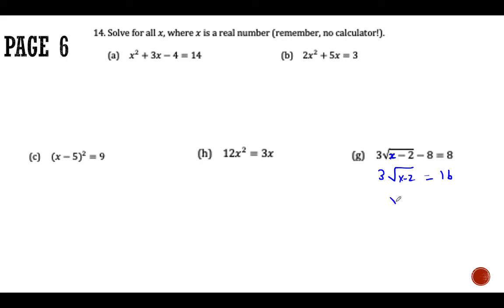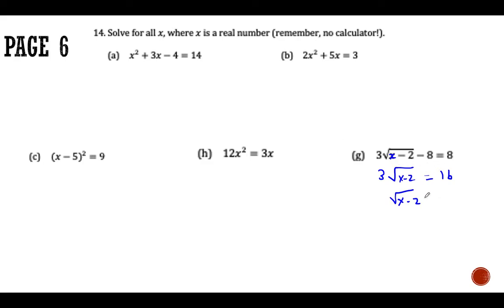I'm going to divide by 3, which is not an integer.